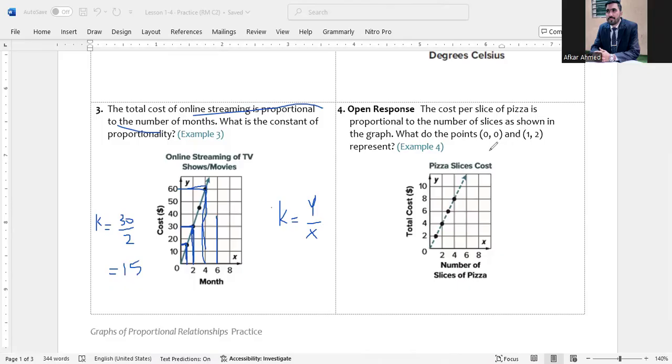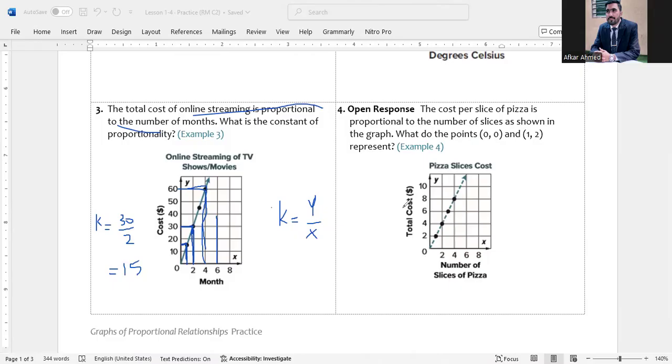Then what we have to do, if he's saying this one is this and this, so basically he's asking, the cost per pizza is proportional to the number of slices. What do the points 0, 0 and 1, 2 represent? 0, 0 means the number of slices of pizza and the total cost.